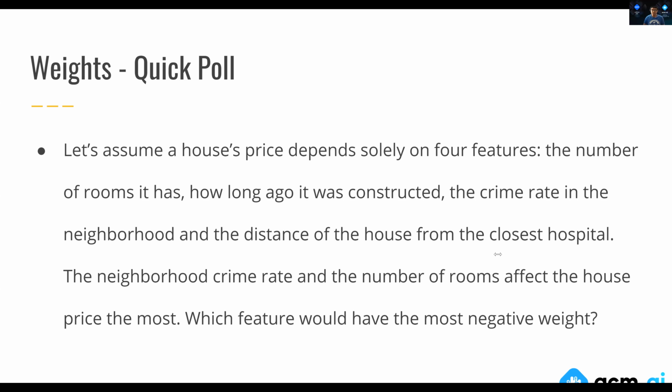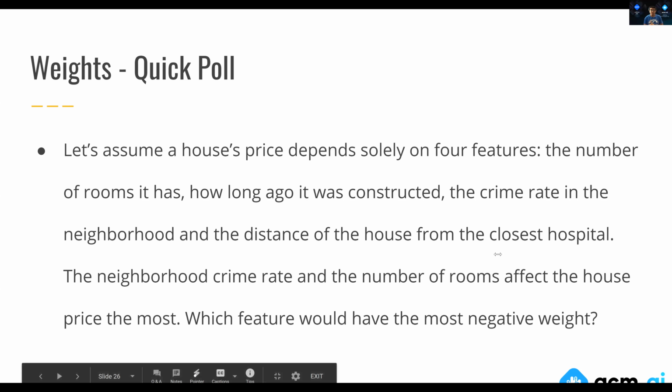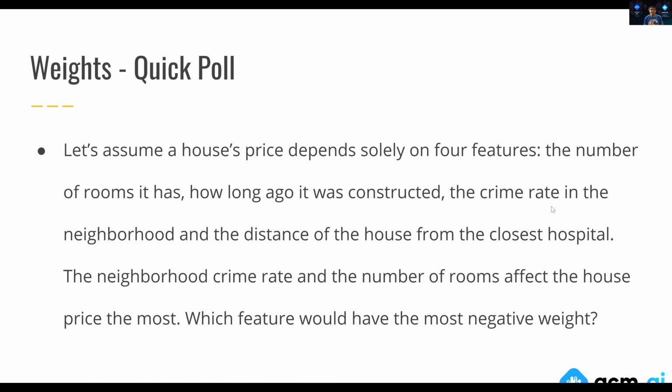In this case, it's the neighborhood crime rate, because number one, it is negatively correlated with the house's price, and it's the most negative weight because we mentioned in the question that it is one of the features that affects the price of the house the most. So yeah, let's move on.